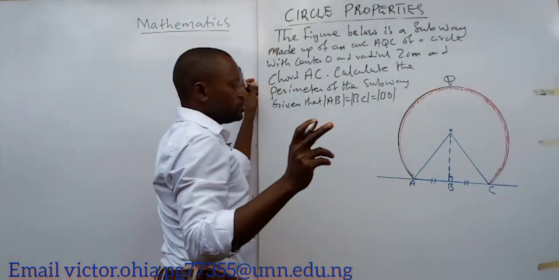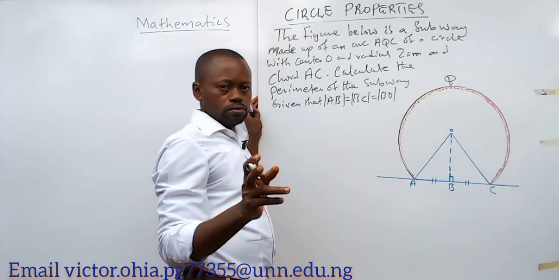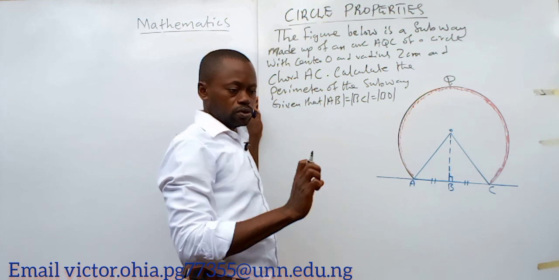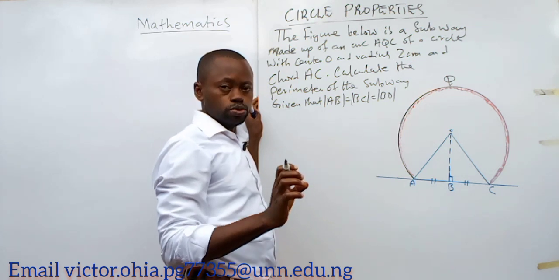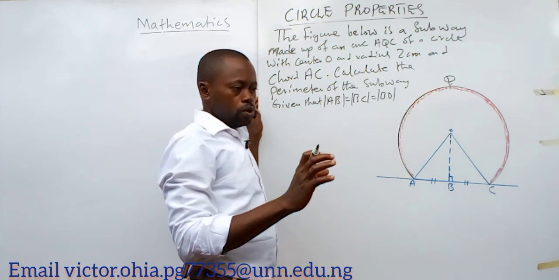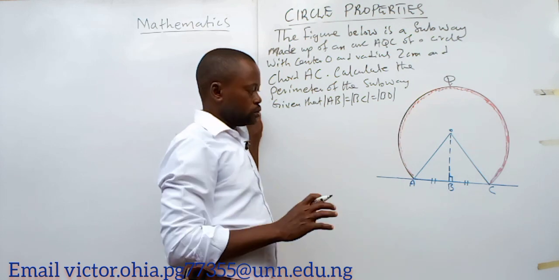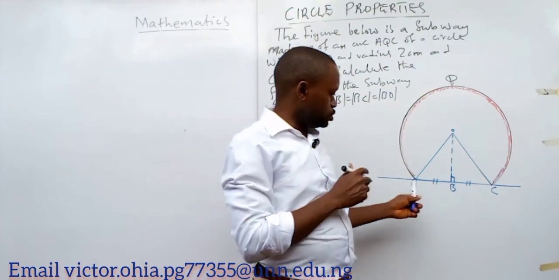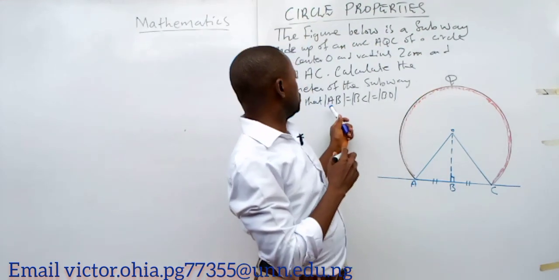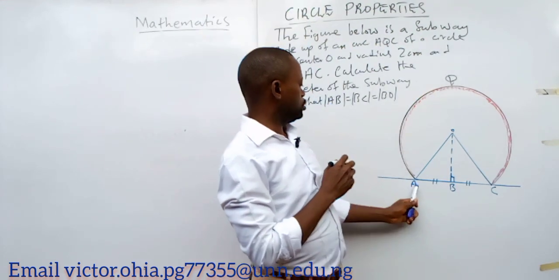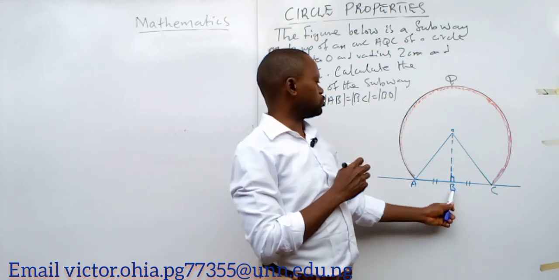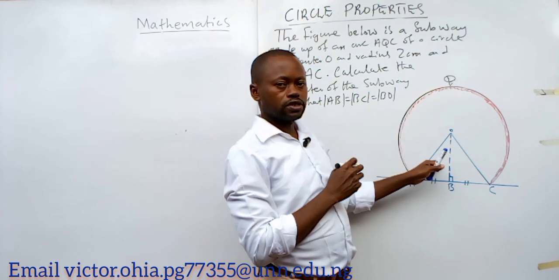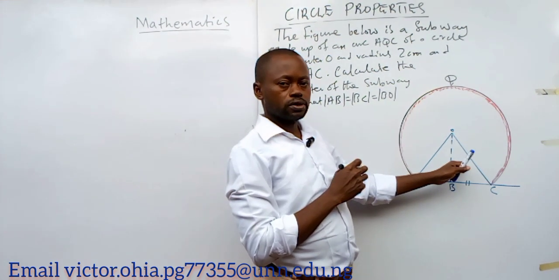Anytime you want to approach a question, there are some things you need to capture in that question that will help you know what to do. If you look at this diagram, they told us that AB is equal to BC and equal to BO, meaning that this triangle here is isosceles and this one is also isosceles.